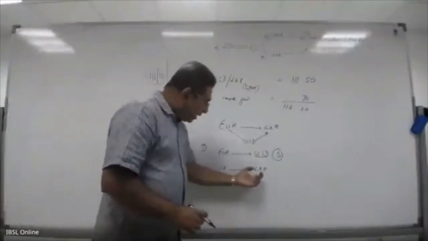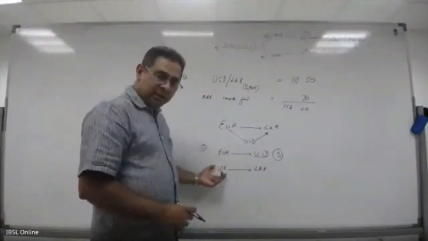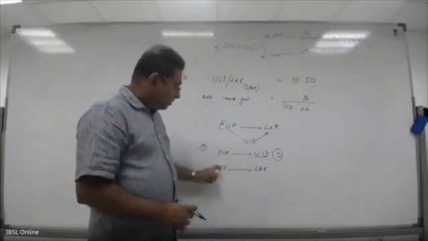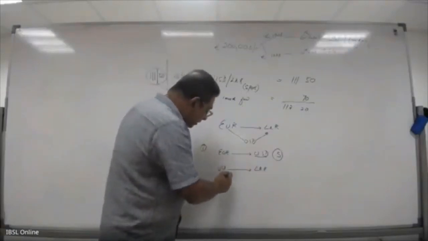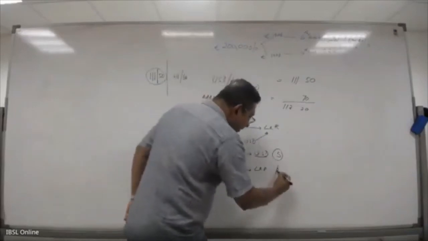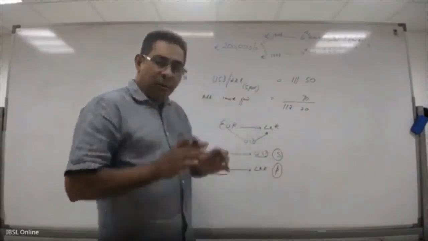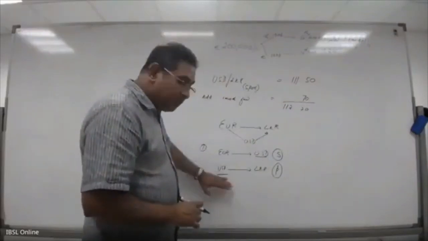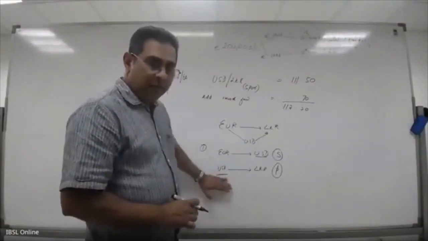The second leg, LKR has to be sold for US dollars, meaning you sell LKR and purchase USD. So USD is seen as a purchase here. That means the US dollar is a sale in the first leg, and a purchase in the second leg.